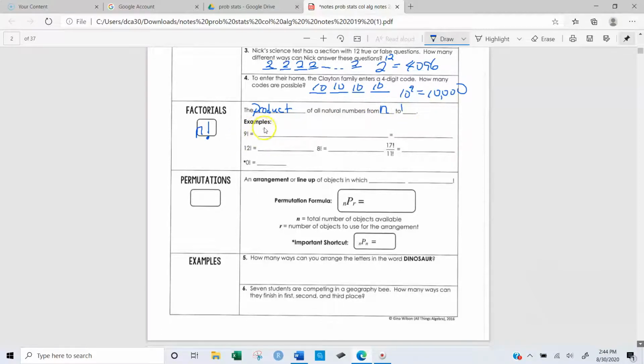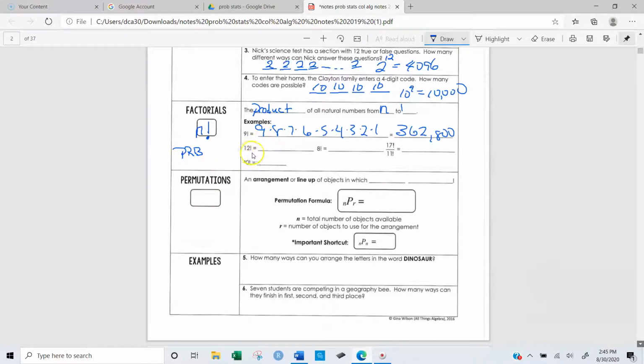So 9 factorial is 9 times 8 times 7 times 6 times 5 times 4 times 3 times 2 times 1. You multiply all those out, you get 362,880. You have a factorial key on your calculator. It's under the button PRB if you have a PRB button.